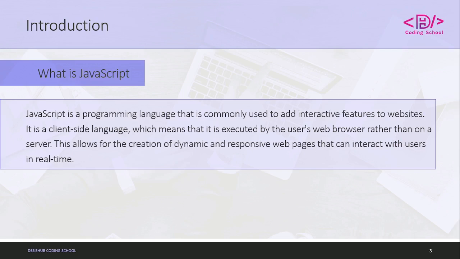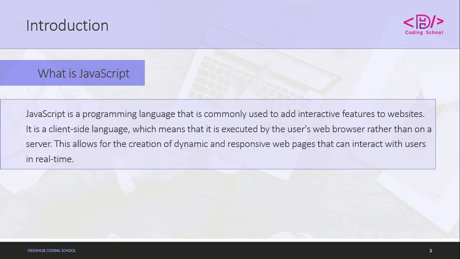JavaScript is a programming language, and it is part of the three languages of the browser. The languages of the browser are HTML, CSS, and JavaScript. HTML is the markup language, the structure.